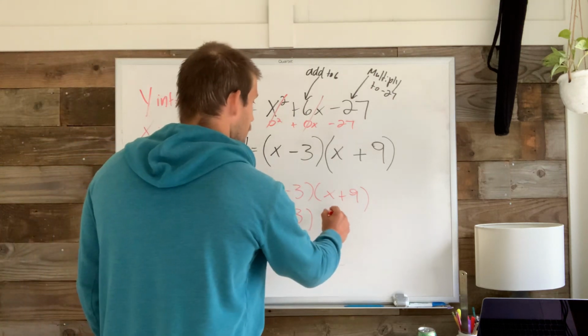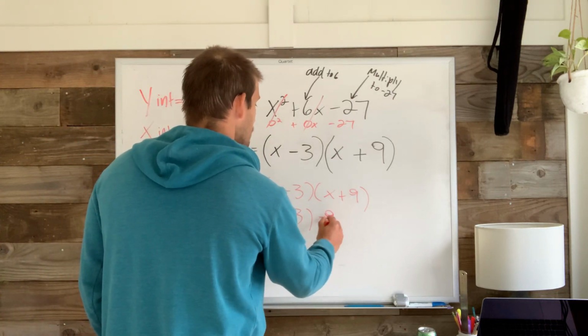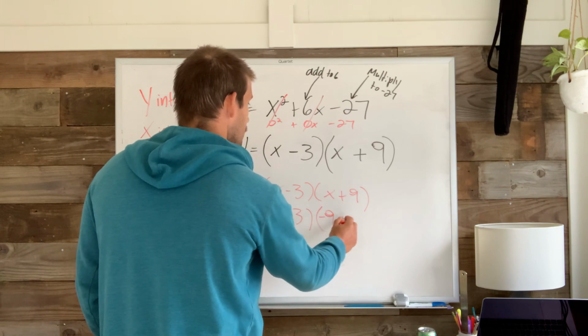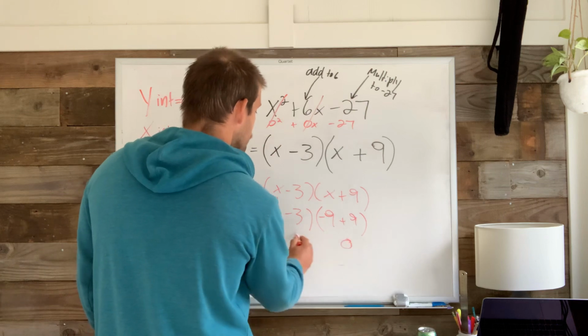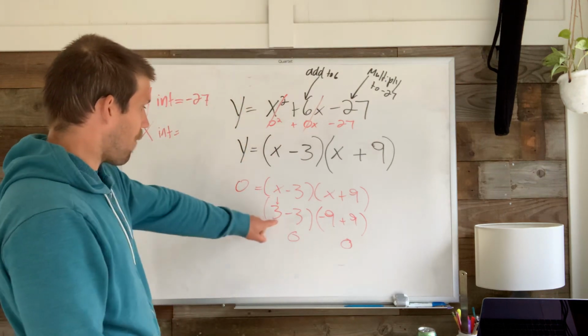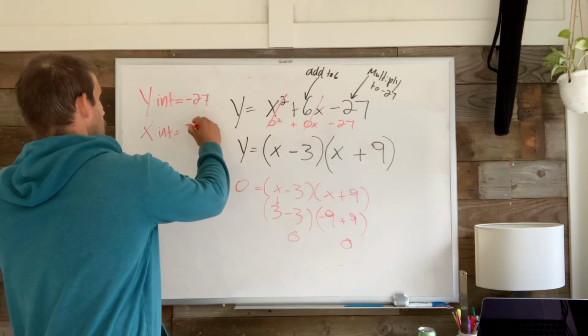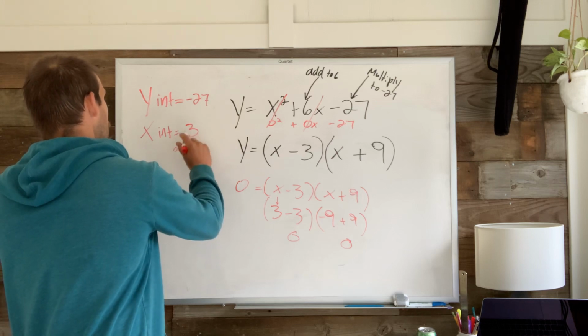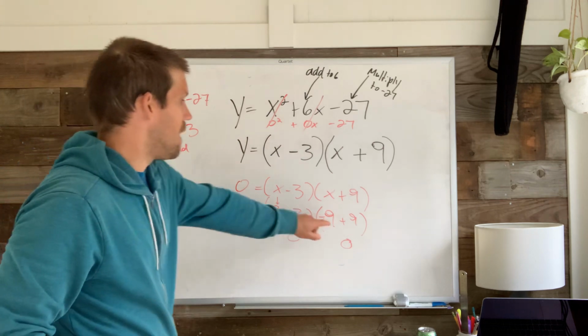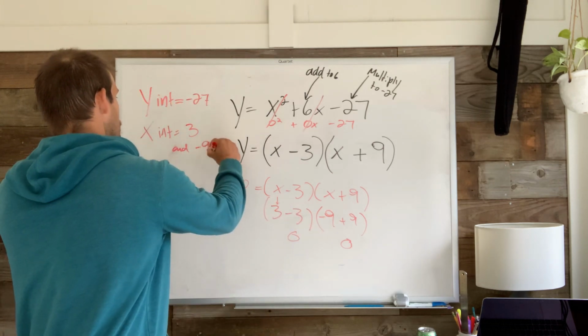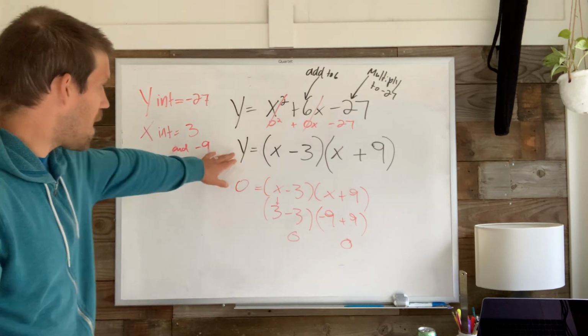Similarly here, if we put a negative 9 in for x, this becomes 0. So in either case, a positive 3 or a negative 9 will make y 0.